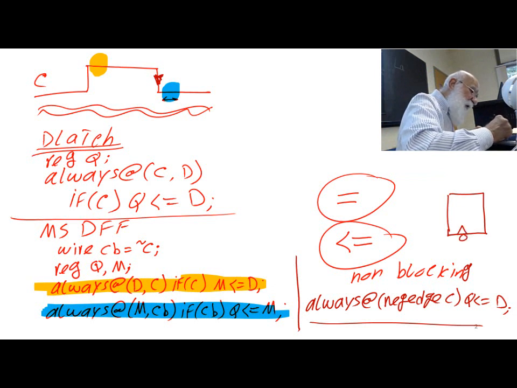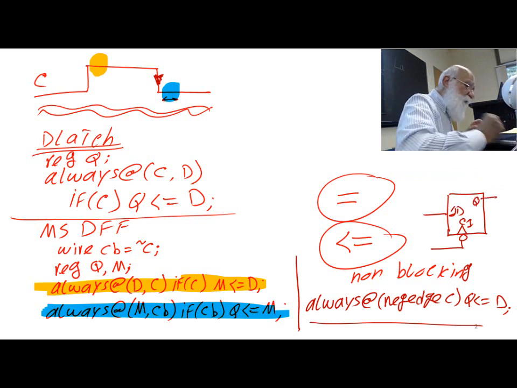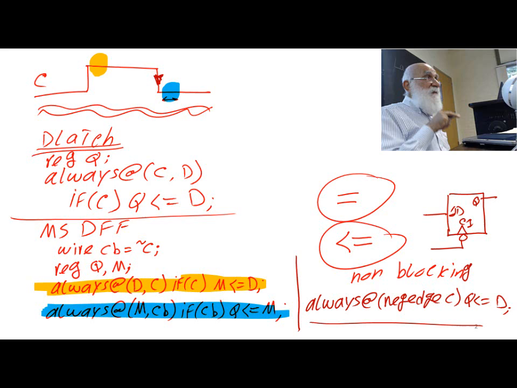This is negative edge, C1, 1D, Q for this, okay? And I use a triangle for the edge.